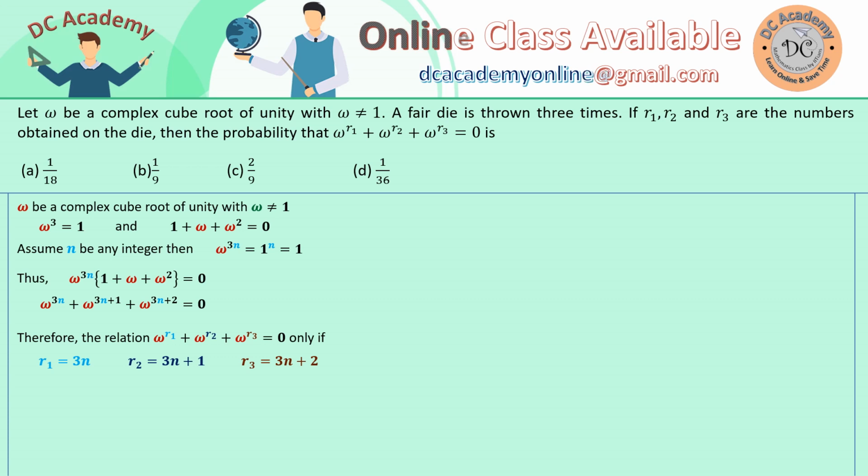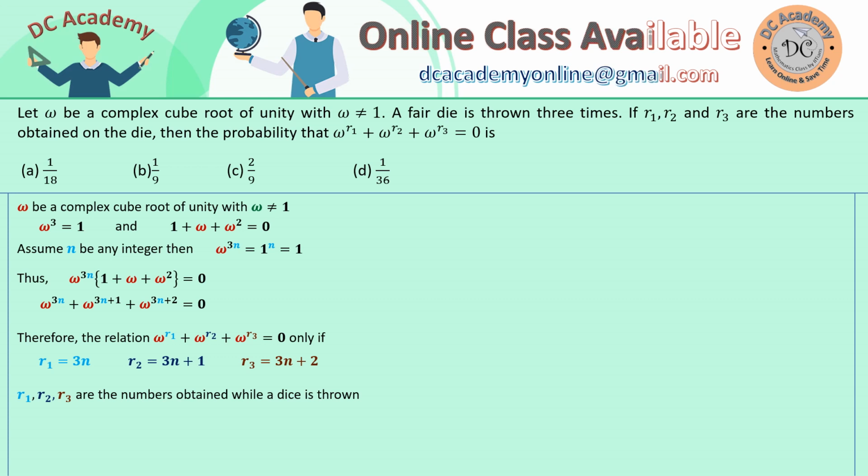Also notice that as summation is commutative, we can interchange their places. For example, omega to the power r3 plus omega to the power r2 plus omega to the power r1 is actually the same way of selecting. So r1, r2, r3 can interchange their values, and we can consider that condition.